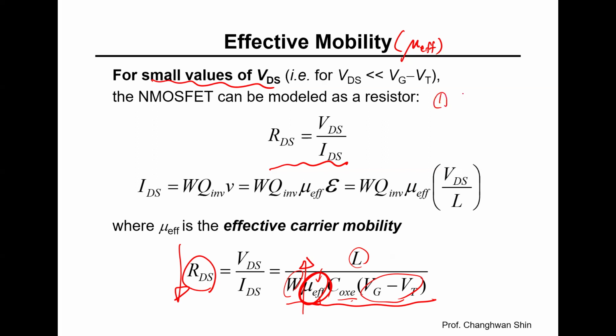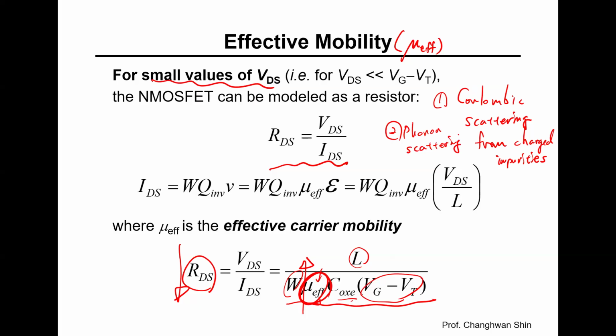Number one is Coulombic scattering, which is coming from charged impurities. Okay, and another scattering mechanism is phonon scattering, which is caused by thermal vibration in the silicon diamond crystal.